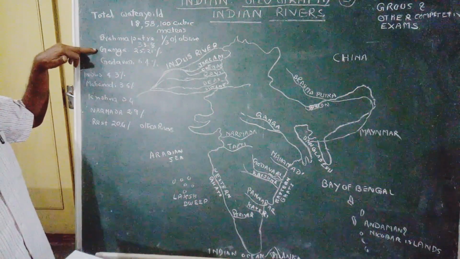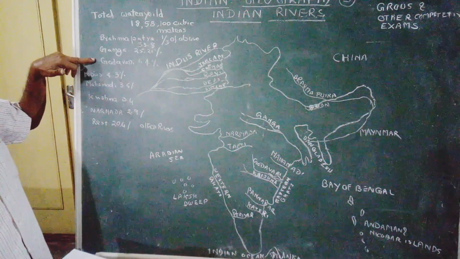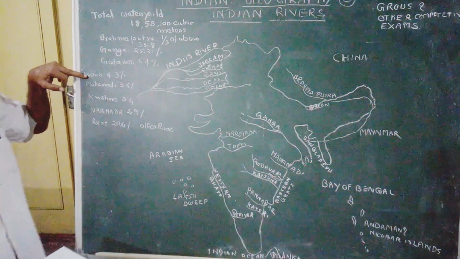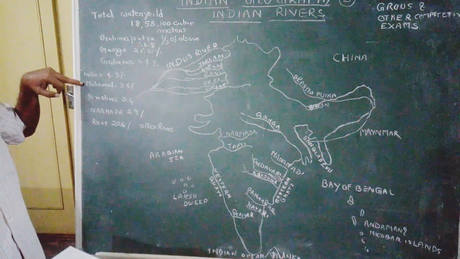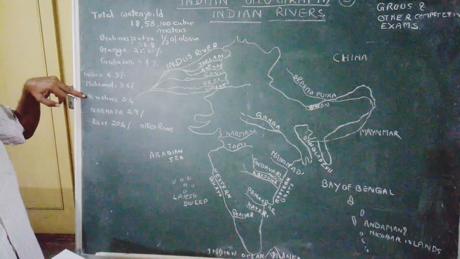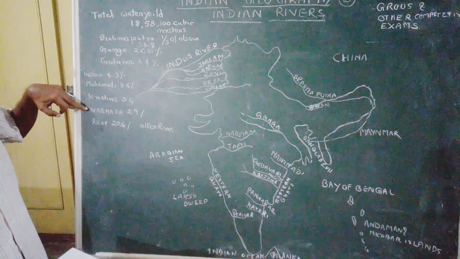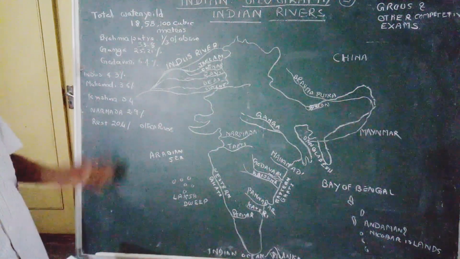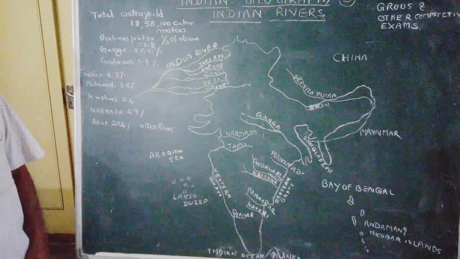and Ganga contributes about 25.21%, Godavari about 6.4%, Indus River about 4.3%, Mahanadi River about 3.6%, Krishna River about 3.4%, Narmada River about 2.9%, and the rest of the rivers present in India contribute about 20.4%.